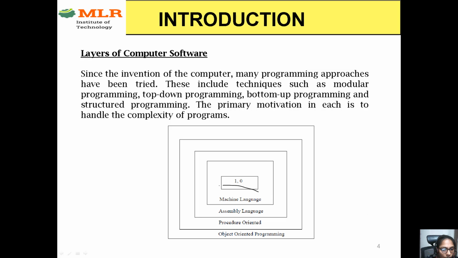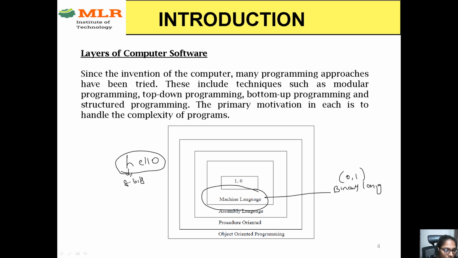We know machine language is also known as binary language, which contains only two digits, that is 0 and 1. So till now the computer can understand only one language, that is binary language. Why binary is not convenient: for example, if I want to enter a message hello, as we know each character will take 8 bits, so to enter this message I need 8 fives are 40 bits.